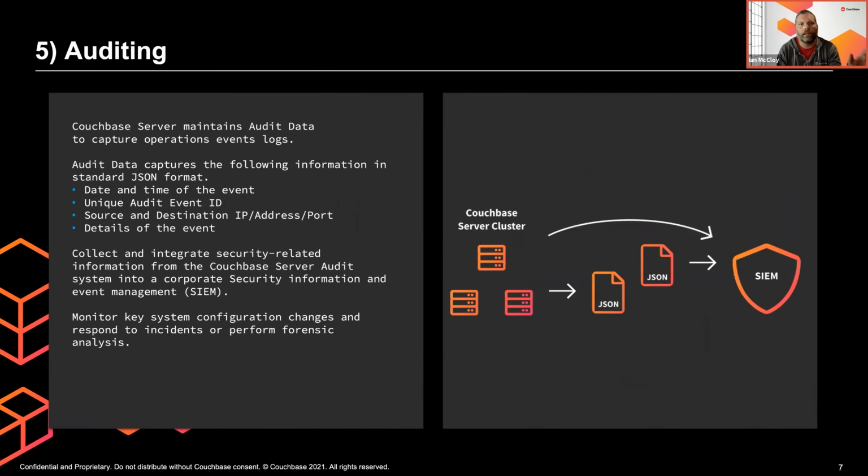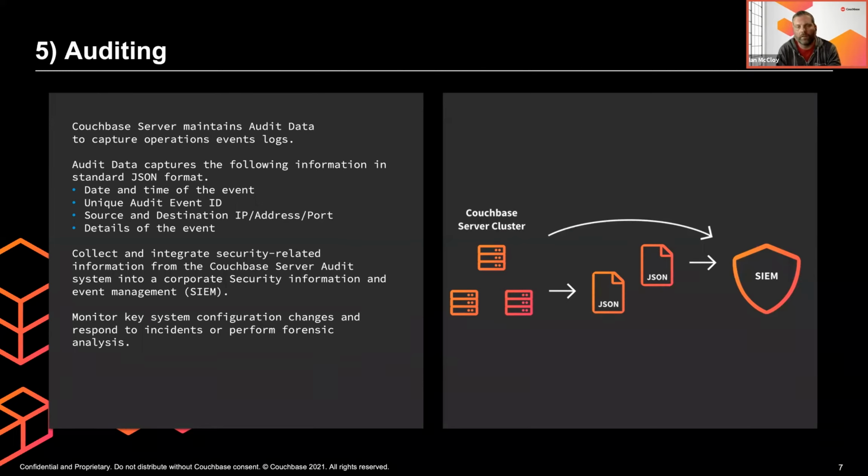The next area we're looking at is auditing. Auditing is really important to make sure that you're seeing events that happen on the cluster and you can respond to them. There's a built-in audit system in Couchbase Server that creates audit events in a standard JSON format.